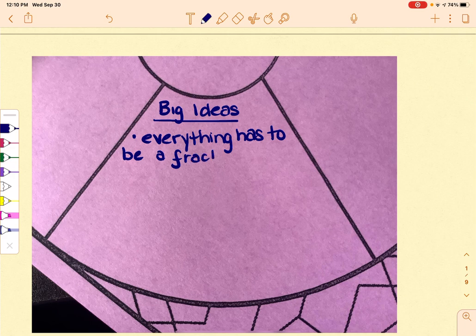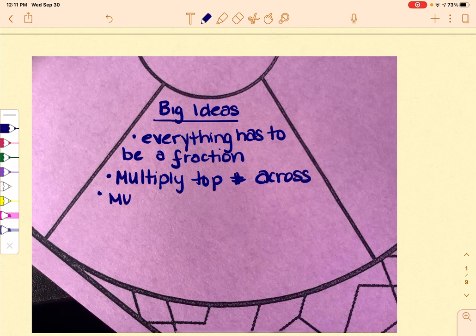So if it's a mixed number or a whole number, you're going to have to put it in fraction form. Once everything is in fraction form, we're going to multiply the top numbers in both fractions across. And we're going to multiply the bottom numbers across.